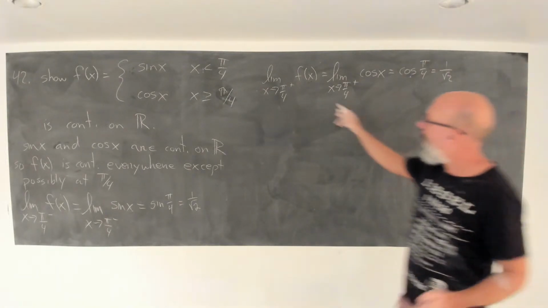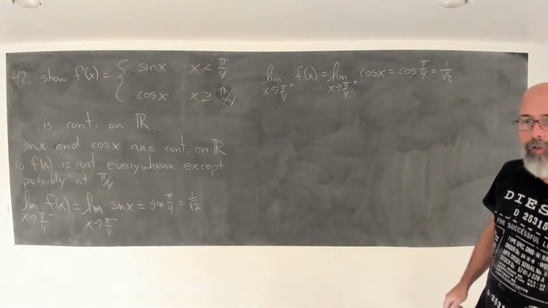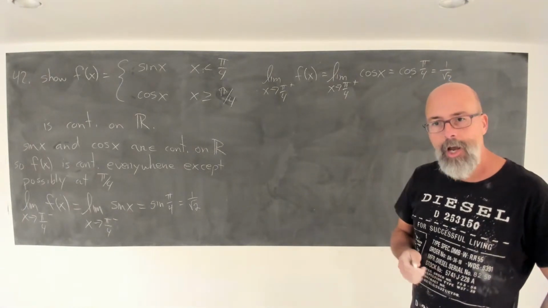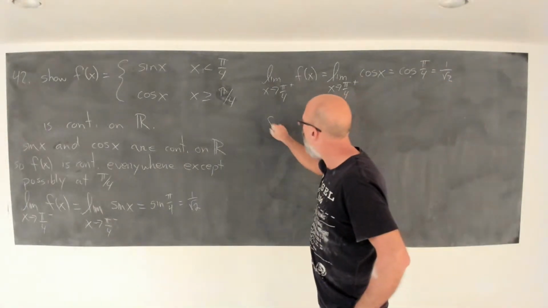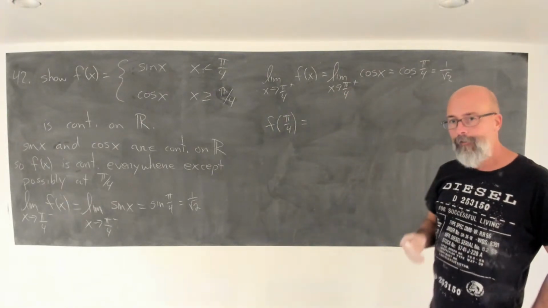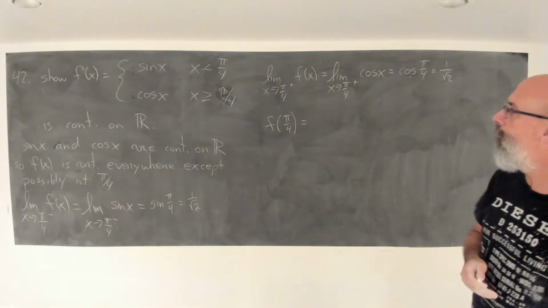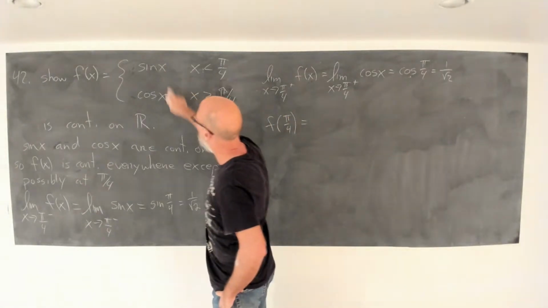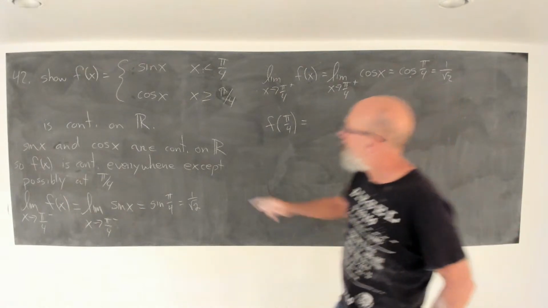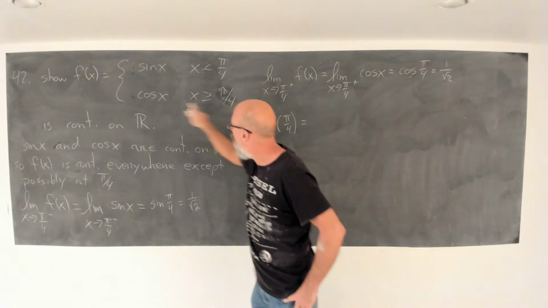So right away, you have limit from the left equals limit from the right. That is not enough to guarantee continuity. You also need to check what happens at pi over 4. And what is f of pi over 4? Where do we plug pi over 4 in? First function or second? You know what it is. It's exactly at the second, right? That's the only place you're allowed to plug in pi over 4.